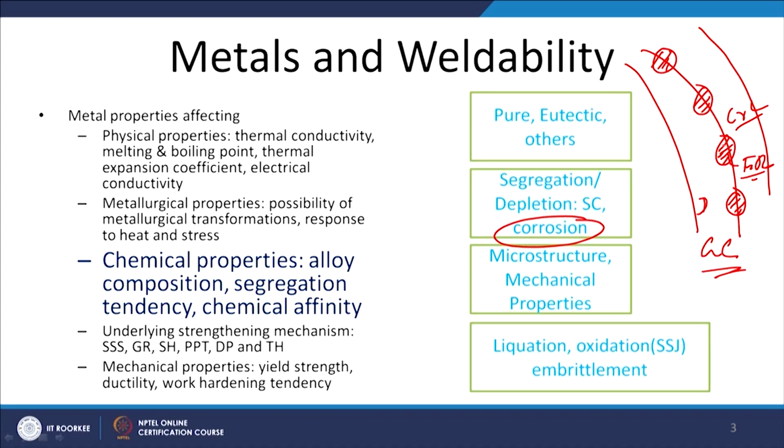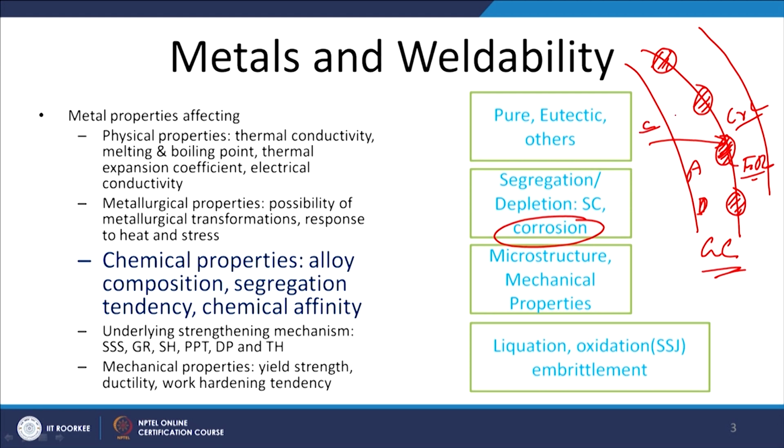So, like in case of the austenitic stainless steel, chromium carbide is found. So, these particles having the higher chromium as compared to the other areas where chromium is absent or it is in reduced quantity. So, wherever chromium is less, in case of the austenitic stainless steel, this will be acting as an anode and these particles will be acting as a cathode.